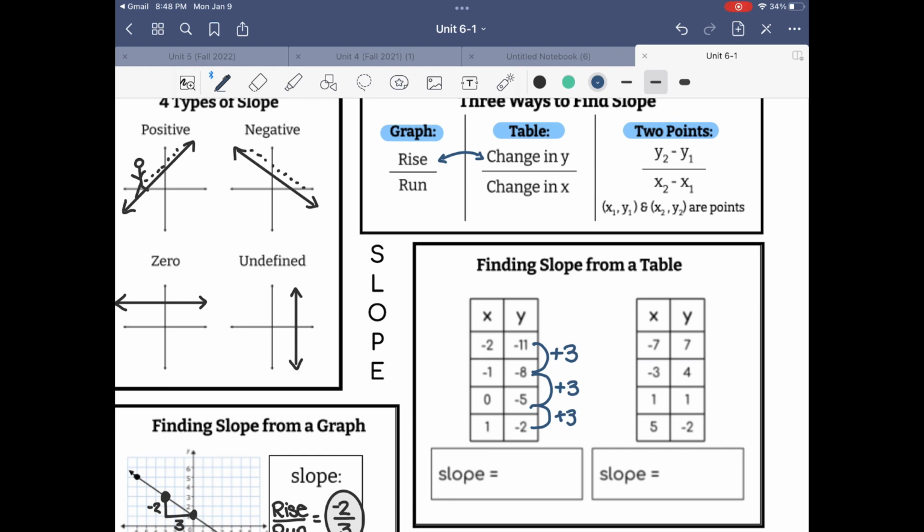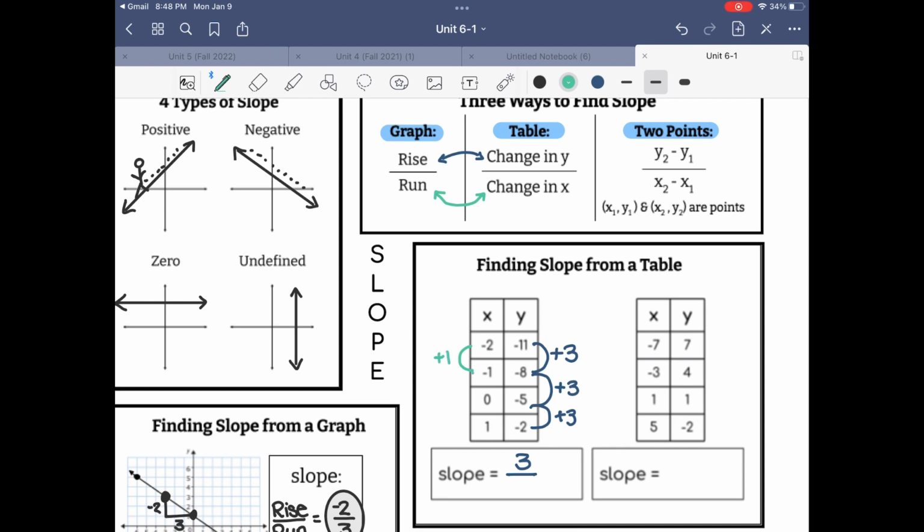Then I'm going to do the same thing on the left. But since this one is change in x, it's going to be my run. And my y will always go on top of my slope like so. Okay? So now let's go find our change in x, or our run. From negative 2 to negative 1, I'm going up 1.